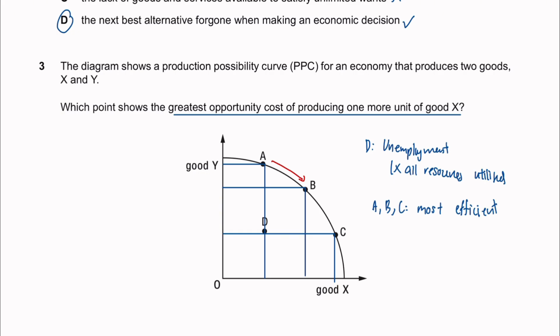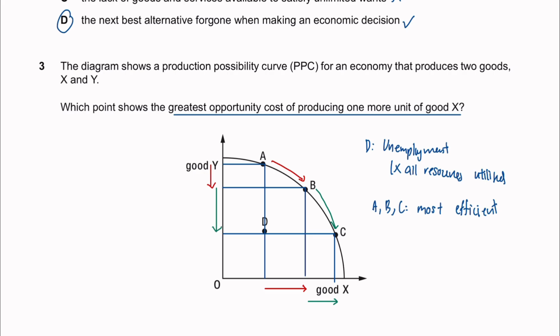So this means that we are producing more units of good X. So you can see, in order to produce this much of good X, you can see the arrow, the gap is how much increase of good X. We need to sacrifice this much of good Y. Okay, and then going along the line, you can see B to C. So in order to produce this much, it's like a small amount of good X. You need to sacrifice this much of good Y.